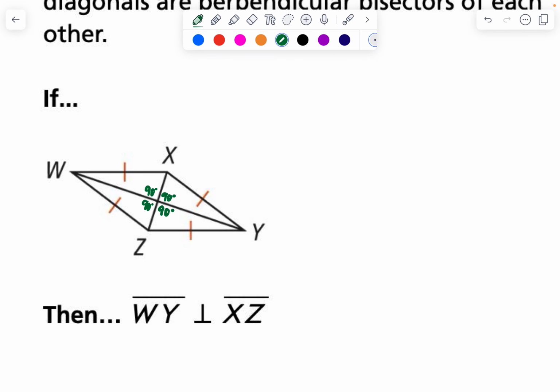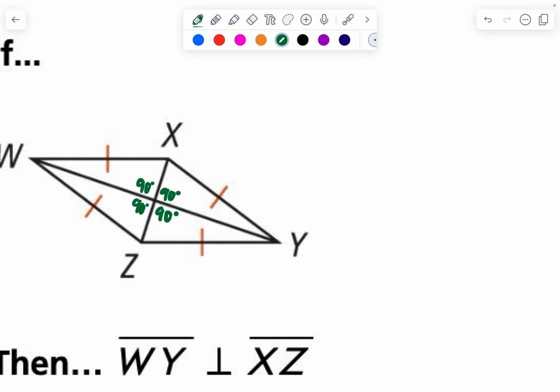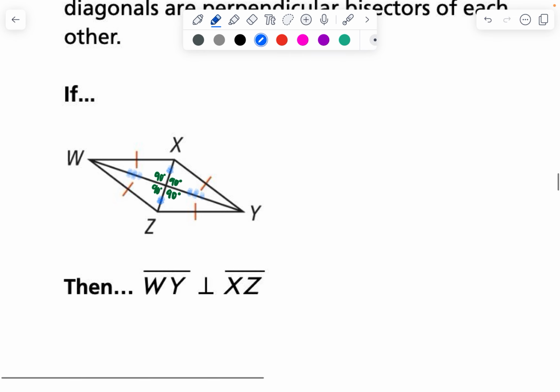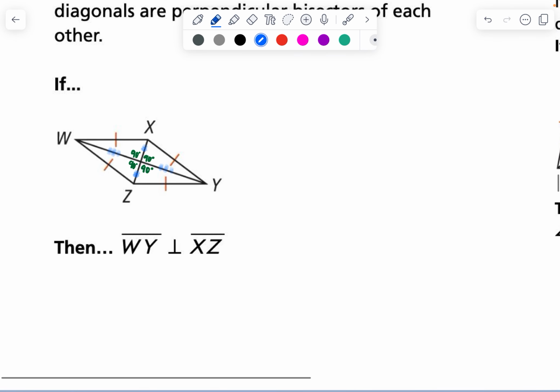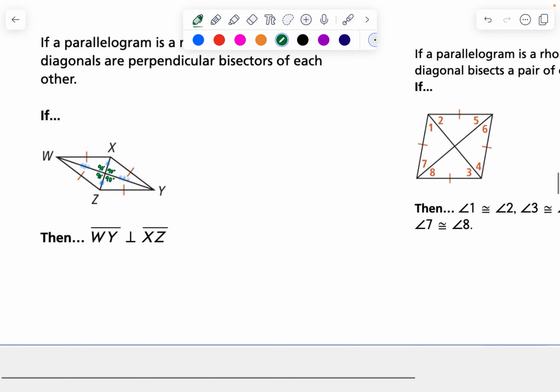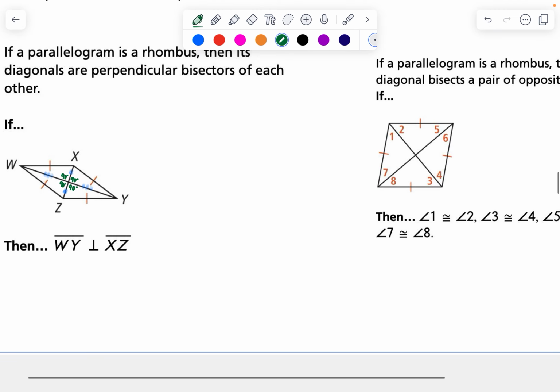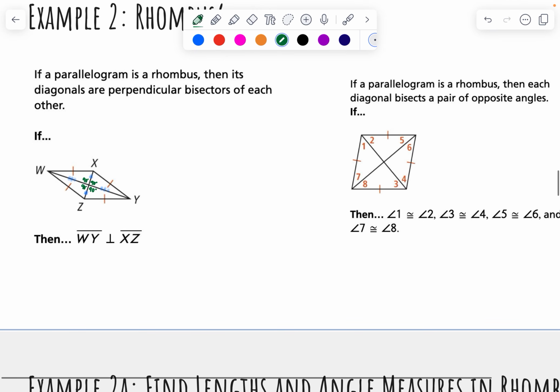I also know, because it's a parallelogram, that the diagonals bisect each other. So those two parts are congruent, and these two parts are congruent. So not only are those perpendicular, again, I know that each part of the diagonal is split into two.